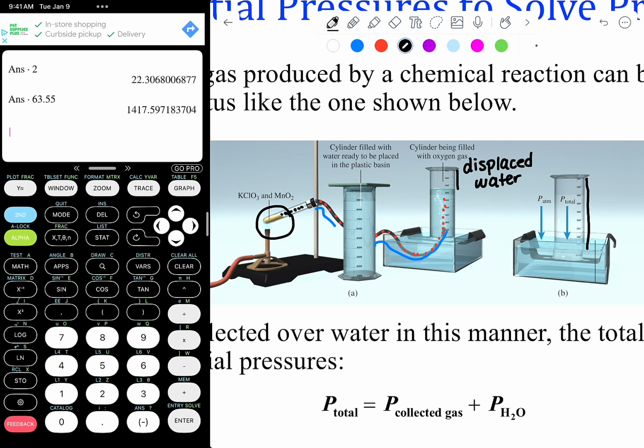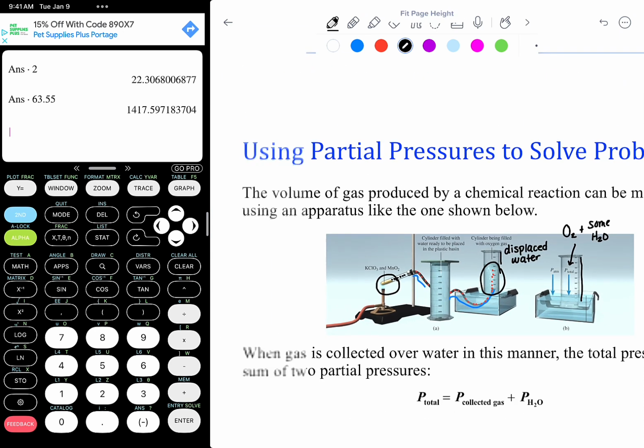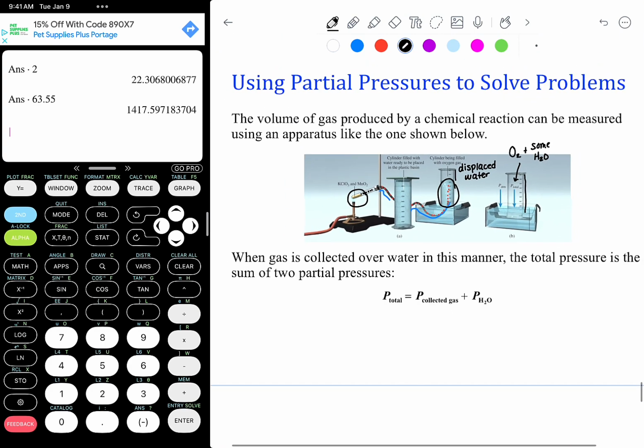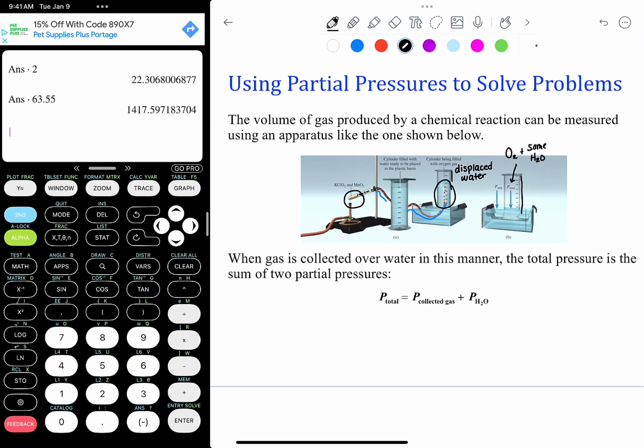The issue here is that these bubbles right here are going through water. And as they go through water, they actually take on a little bit of water. So the gas that's in here is actually mainly oxygen gas and some water vapor. So when gas is collected over water in this manner, the total pressure of the gas in the cylinder is the sum of the two partial pressures.